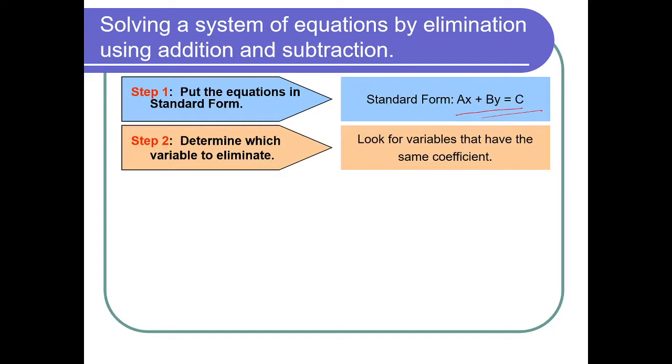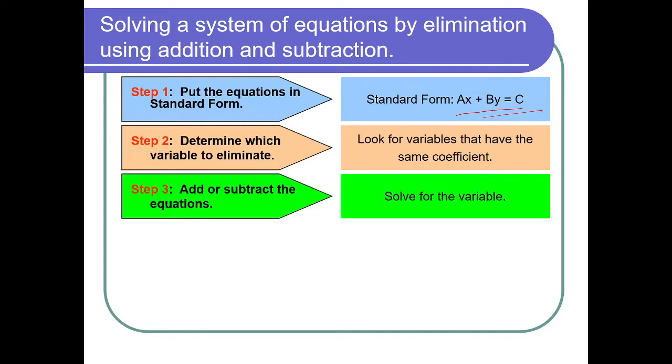You determine which variable to eliminate. So what if there are no variables that have the same coefficient? We will deal with that later. Okay? Step number 3. Add. This time I'm going to be focusing on add. So I'm going to be adding the equations. We will be now solving for the variable.